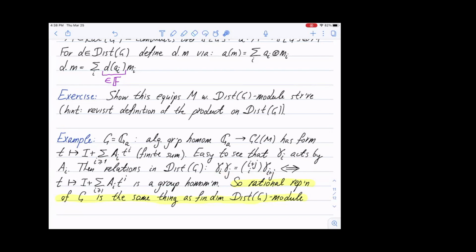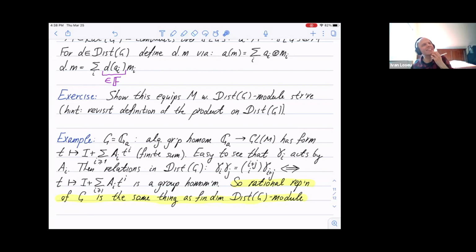Maybe you could ask a similar question and replace this Dist G with the Lie algebra. It's more or less clear that this is not going to give the right answer. Dist G is certainly a better answer.